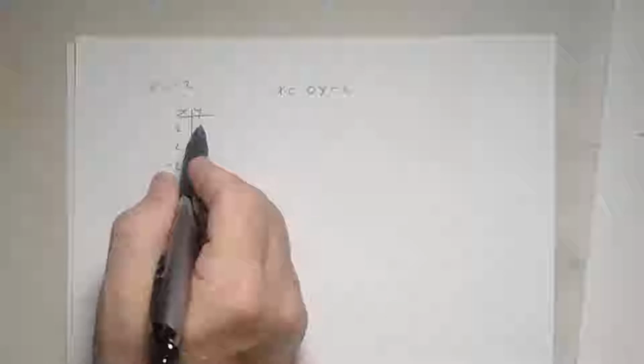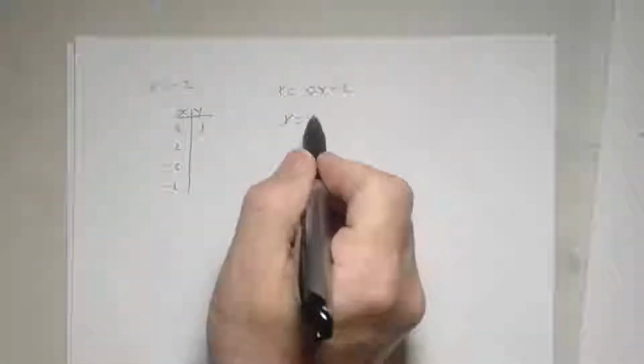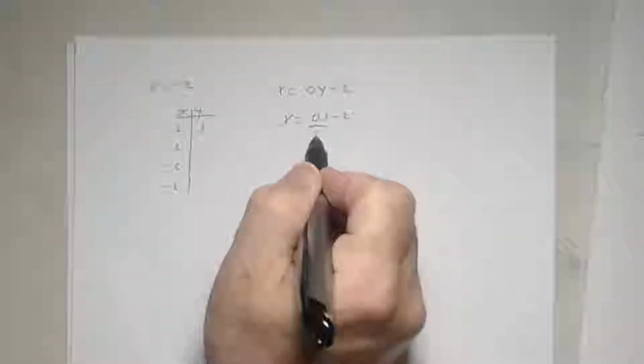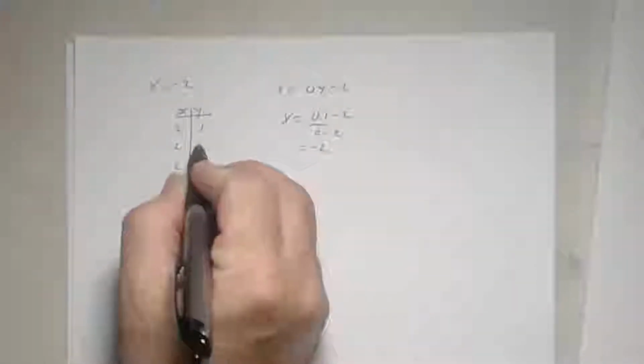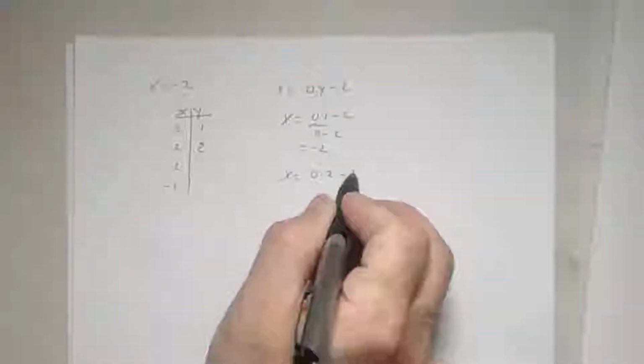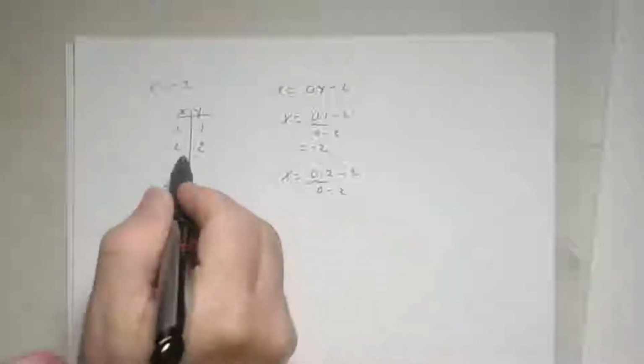So if y is 1, watch what happens. If y is 1, x is going to equal 0 times 1 minus 2. What's 0 times 1? 0. 0 minus 2 is negative 2. That's what we have. x equals what? Negative 2. If y is 2, I get x equals 0 times 2 minus 2. What's 0 times 2? 0. And 0 minus 2 is negative 2.